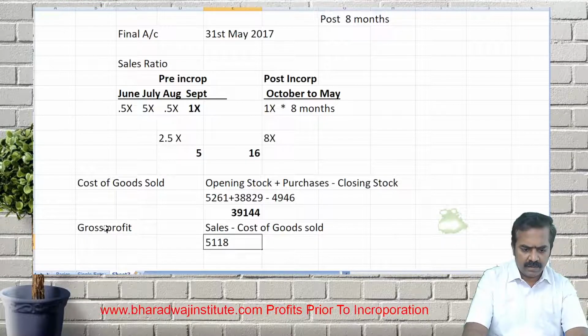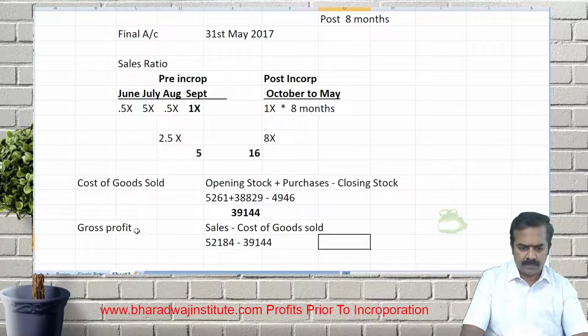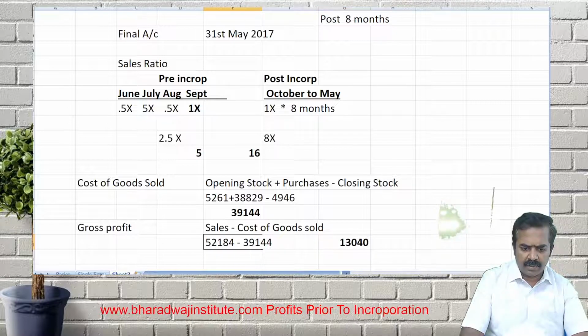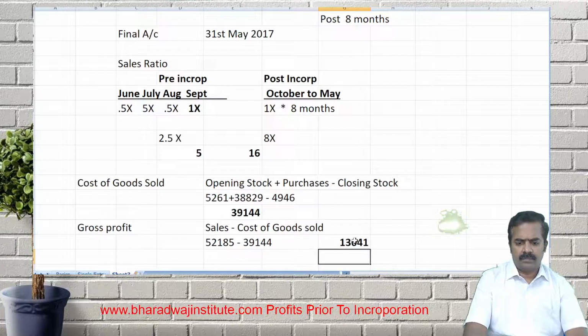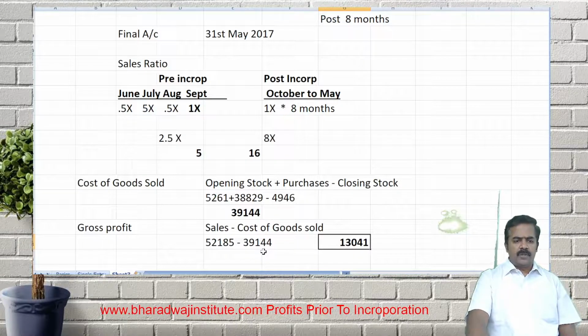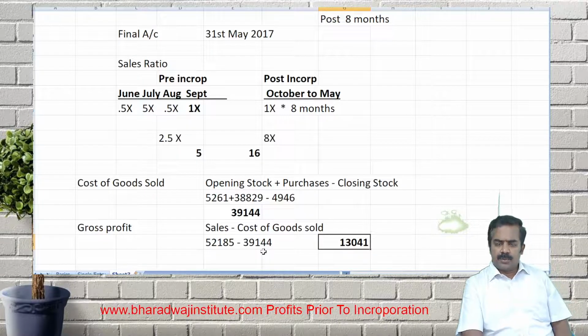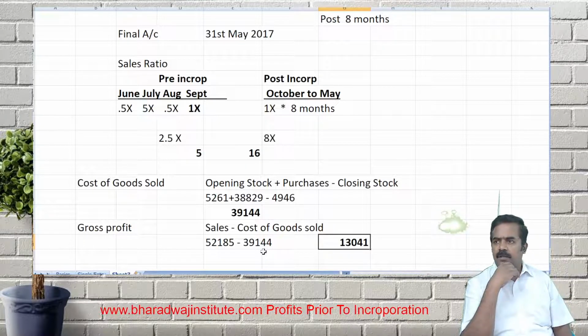You made a mistake here. Cost of goods sold is 39,135... gross profit 13,041. So gross profit you apportion based on sales ratio, then apportion all the other expenses. Prepare the statement. You can do the statement.